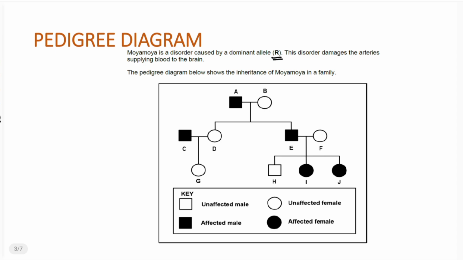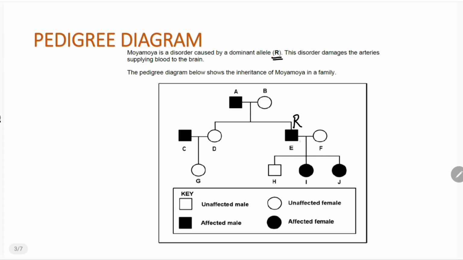Let's look at individual number E, for example. Individual number E is a male with moyamoya. And if individual E has moyamoya, it tells me that individual E must have a dominant allele. So this person has to have capital letter R, right?